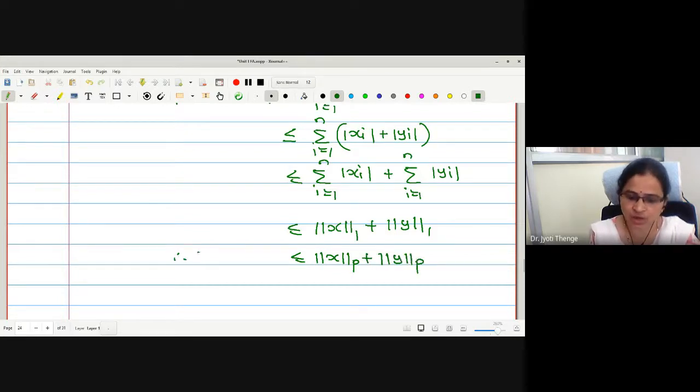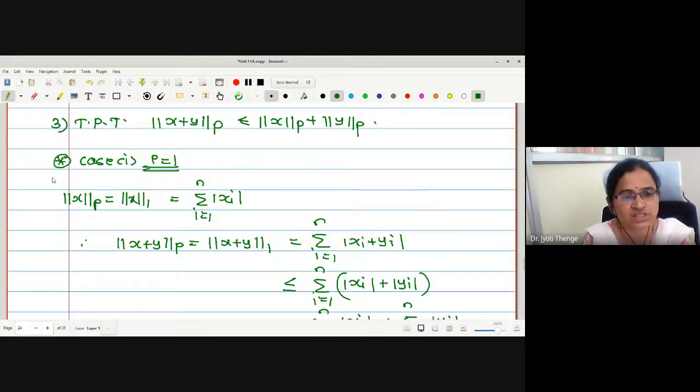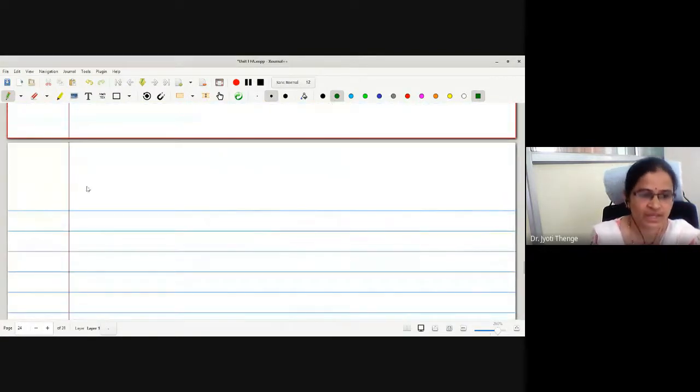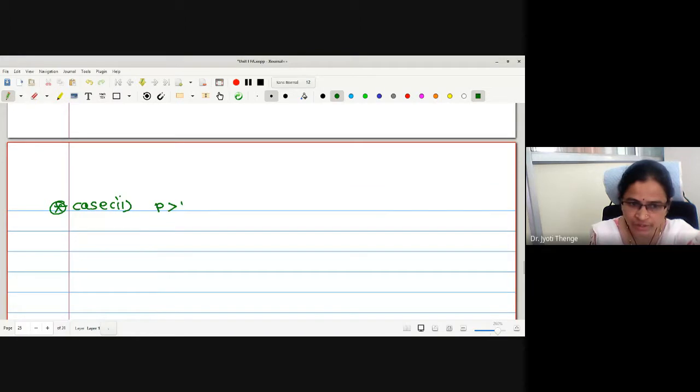Hence, may I say norm p of x plus y is less than or equal to norm p of x plus norm p of y for p equals 1, right? In the book, it was written obviously true. For p equals 1, the result is obviously true.